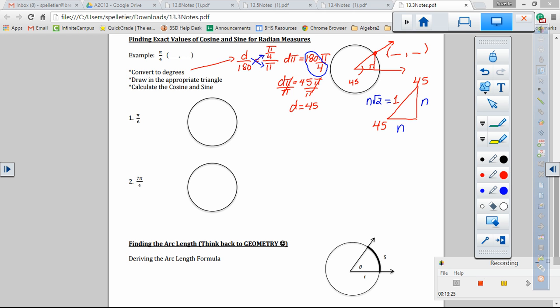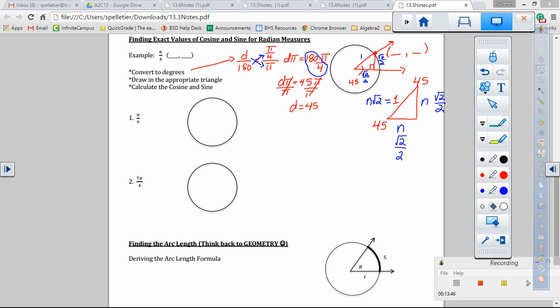And then we had to calculate, and we ended up with the square root of 2 over 2. And here we ended up with the square root of 2 over 2, right? So this would be 1. This would be the square root of 2 over 2. And this side would be the square root of 2 over 2.